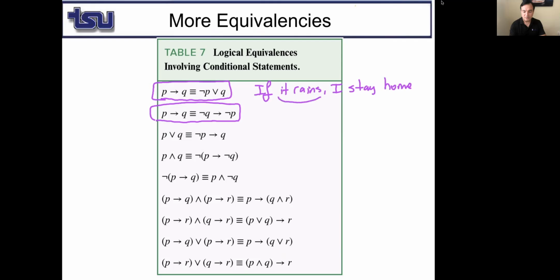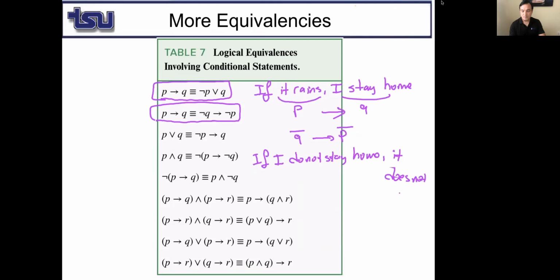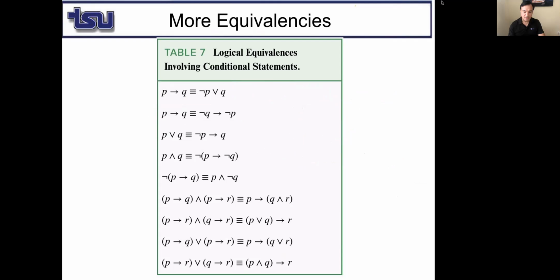If this is P, this is Q, P implies Q. This is the same as saying not Q implies not P. This means if I do not stay home, then it does not rain. So if it rains, I stay home is equivalent to if I don't stay home, then it does not rain. They are exactly the same thing, okay?